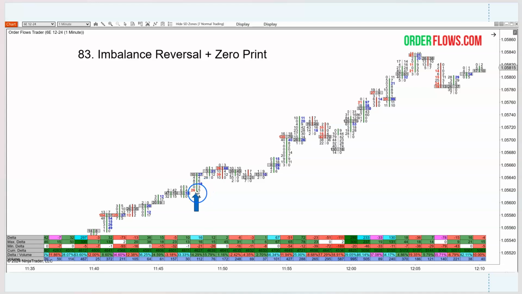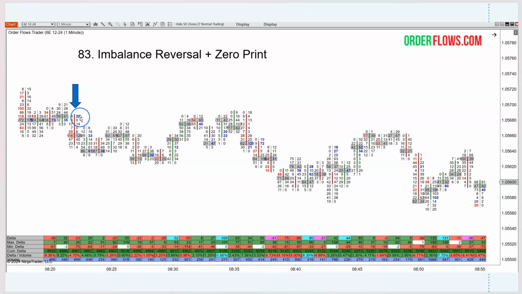Imbalance reversal is when you have a selling imbalance towards the bottom of a green candle, or a buying imbalance near the top of a red candle. Then when you have a 0 print right next to it, that's your trigger, as opposed to just a pure imbalance reversal.